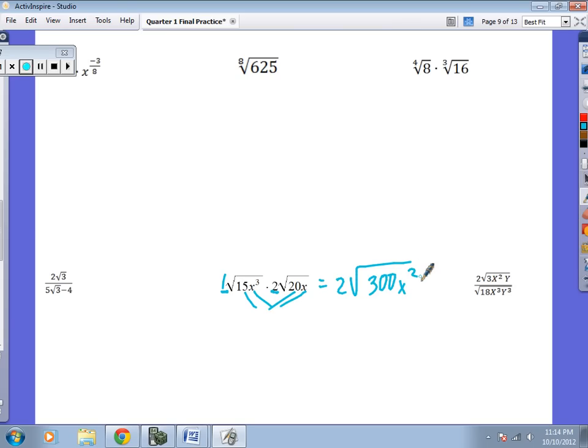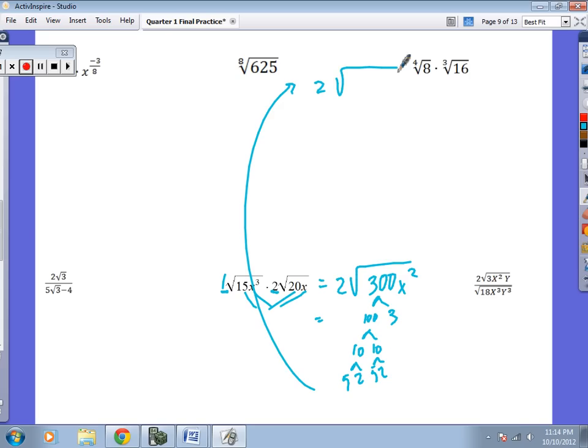Alright. Move number 2. Always do the prime factors of any number under a radical. So 300 is 10 times 30, 10 and 10, 5 and 2, 5 and 2. So now I'm going to write 2 on the outside. Underneath, what do I have?